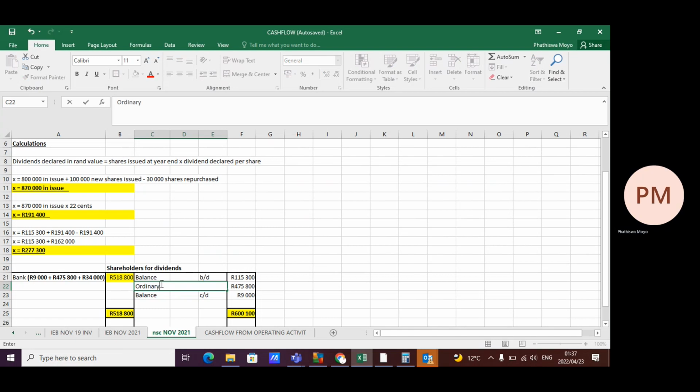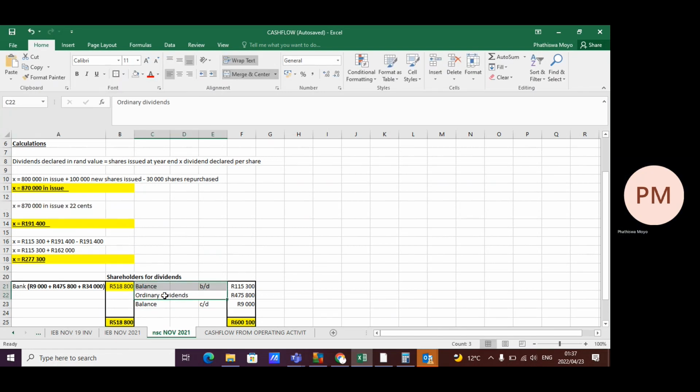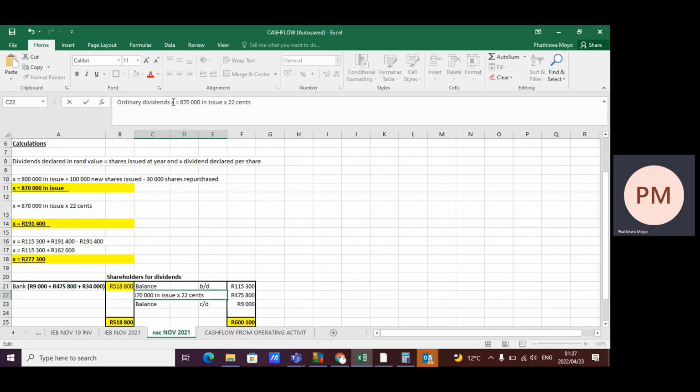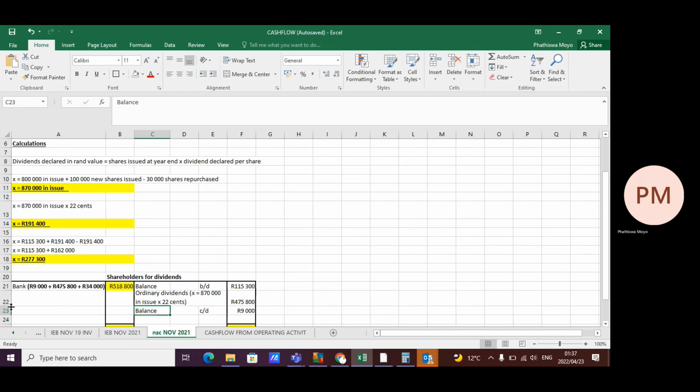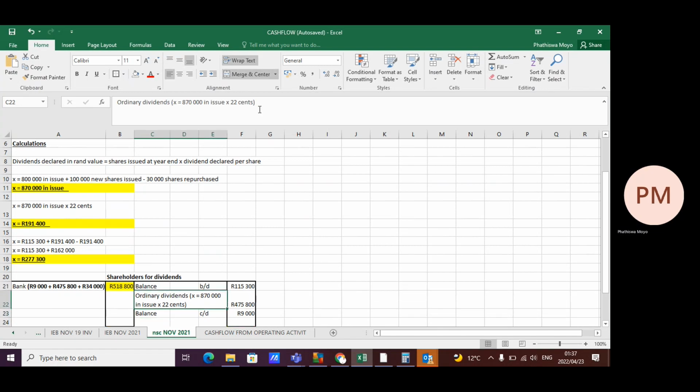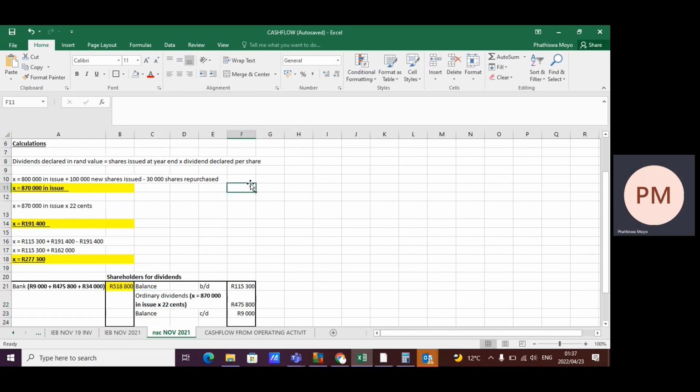Ordinary dividends, which is the liability. Maths, guys. $9,400.